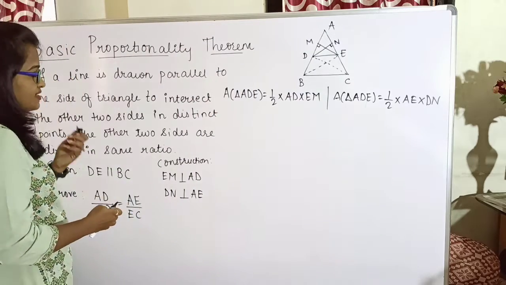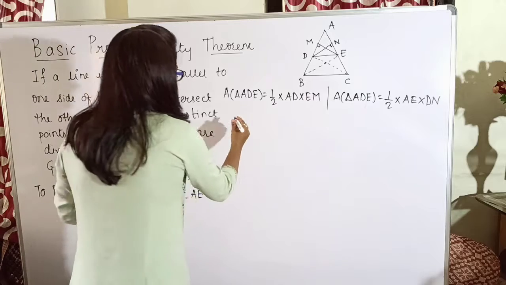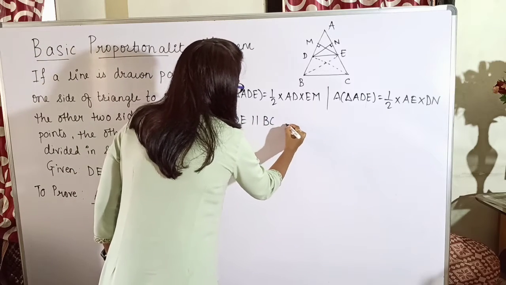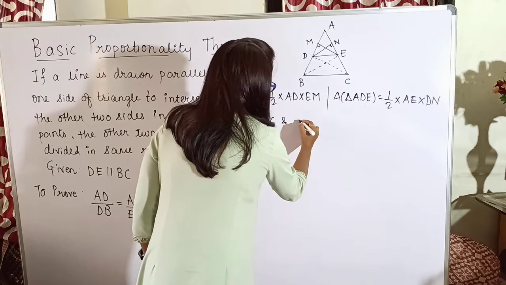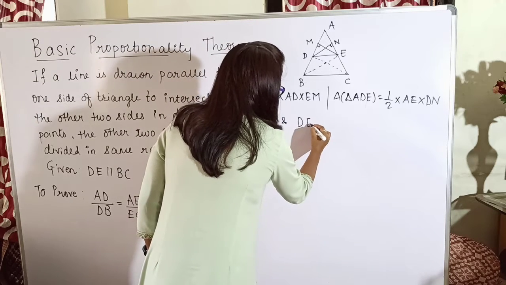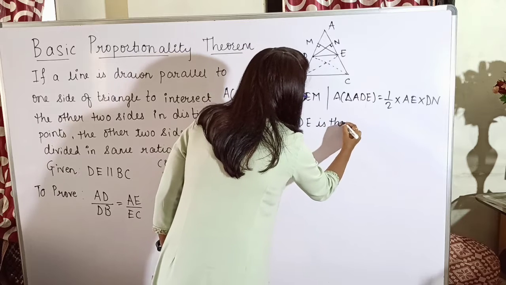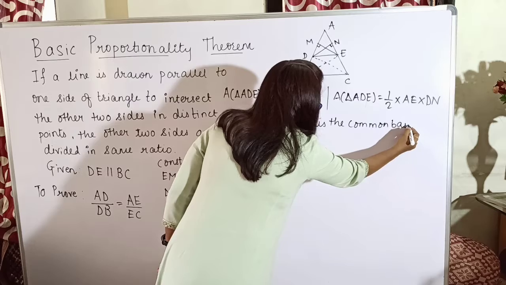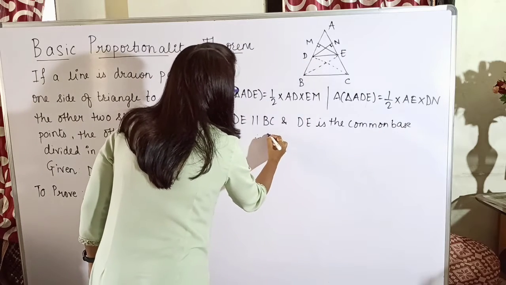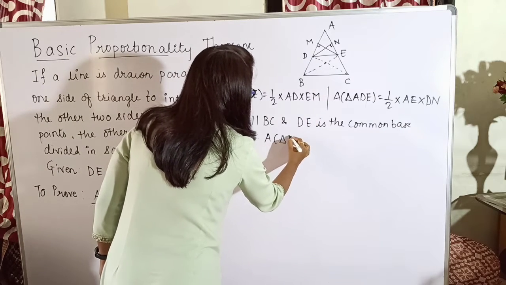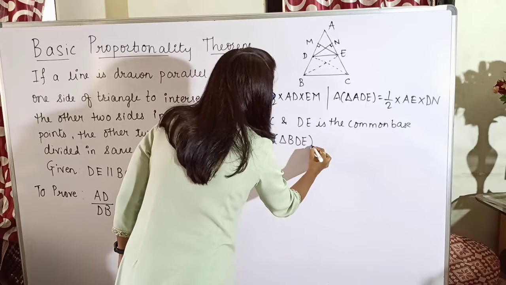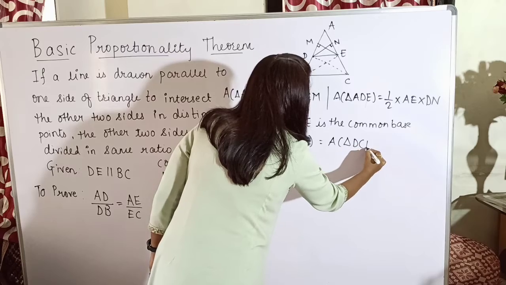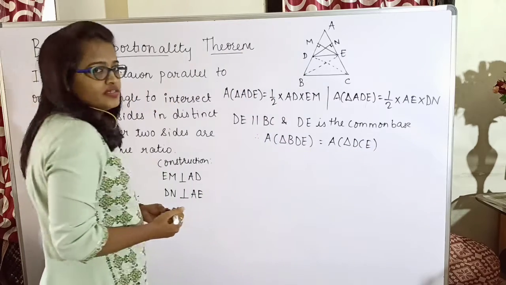Okay, so by that condition, let us write, since DE is parallel to BC and DE is the common base, therefore area of triangle BDE is equal to area of triangle DCE, isn't it?